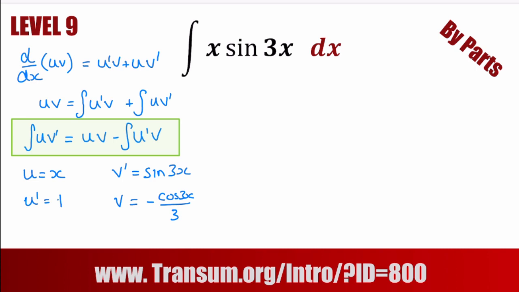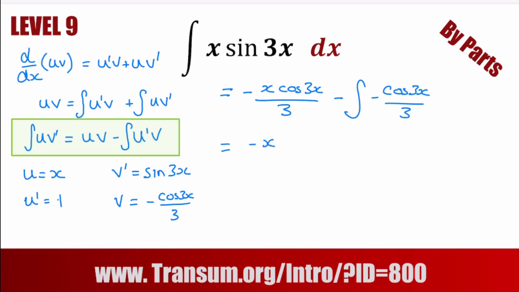So now my integration, it's going to be uv, which is minus x cos 3x over 3, and then minus the integral of minus cos 3x over 3. So I'll just write that out again and then do the integration.